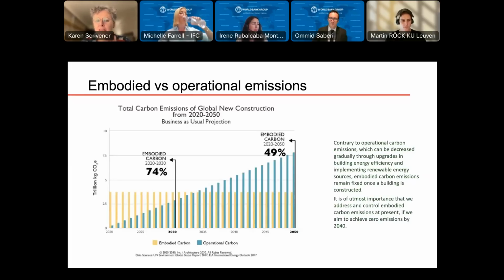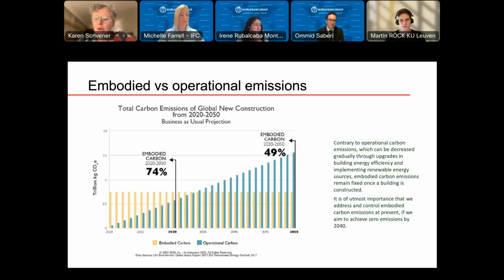Now, before I start, I want to emphasize the importance of embodied carbon, because this comes at the beginning. When you build a structure or a building, the embodied CO2 is already there. And once it's done, you can't do much about it. And this is in contrast to operational energy, which emerges through the life of a building, but also is something that can be improved through upgrades and improvements in building efficiency.